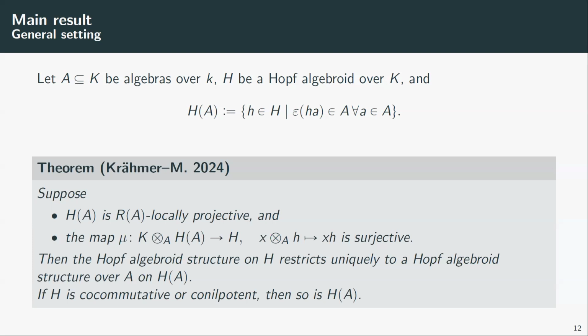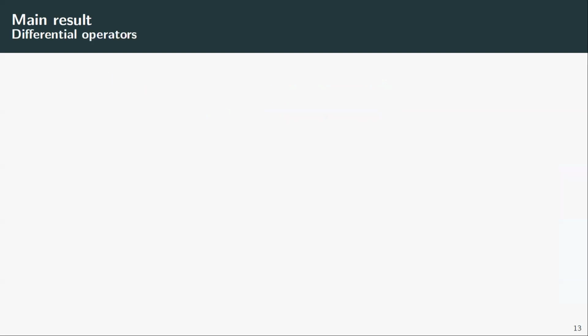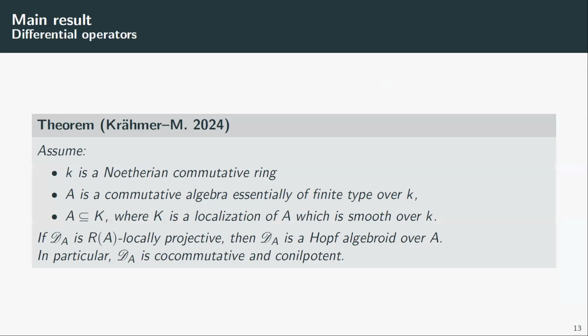When applied to the ring of differential operators, we obtain the following theorem. Those assumptions are those we needed to get the embedding dA into dK, and the statement about local projectivity follows from the main result.